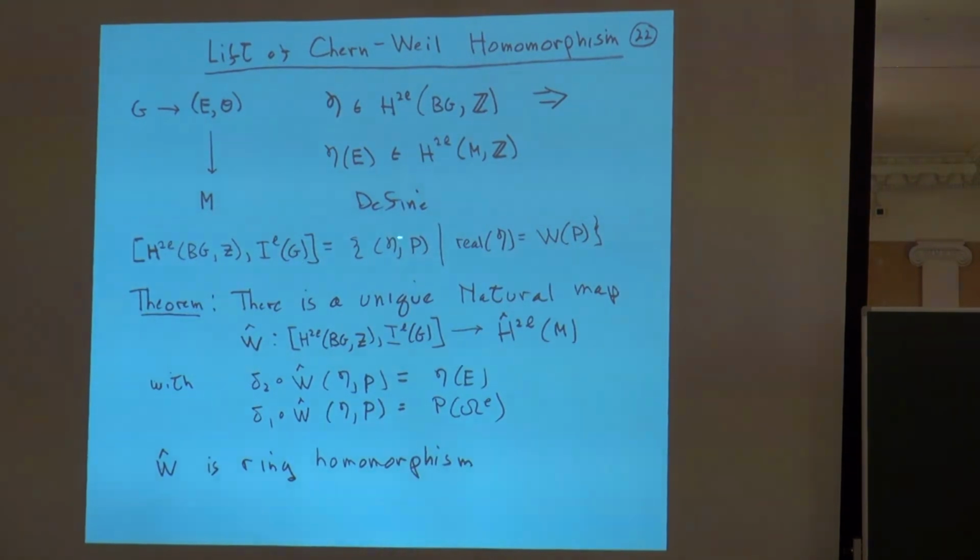So remember, invariant polynomials on the Lie algebra give you elements in the cohomology of the classifying space. But there are integral classes there. There may be some torsion, so there are integral classes there that map into that Weil image. So look at such a pair.